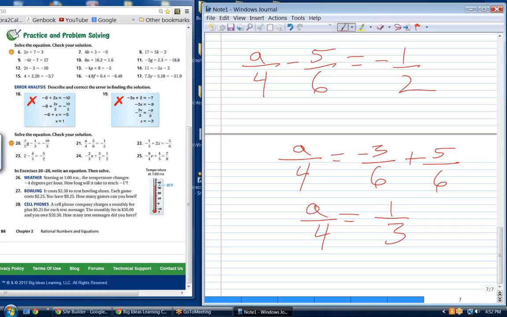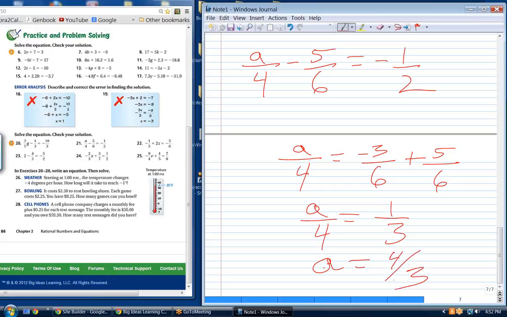Okay. Now what? Then you multiply by 4, and you get A equals 4/3.